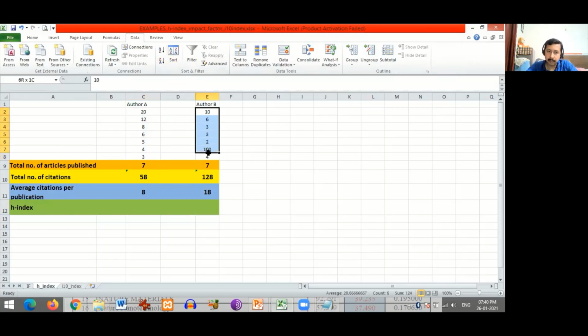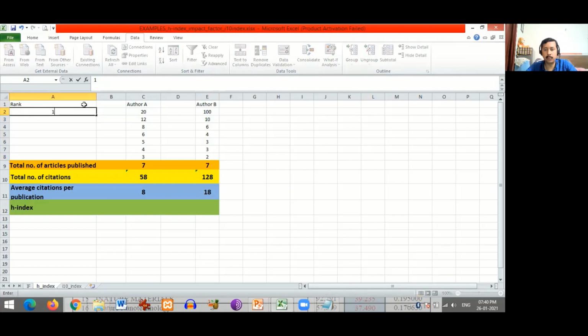I'll do the same for author B. Now I have the articles in the descending order of the number of citations received. Let us assign rank to each of these articles, starting with 1. This is rank 1. The article with the highest number of citations will get rank 1. Similarly, up to rank 7.